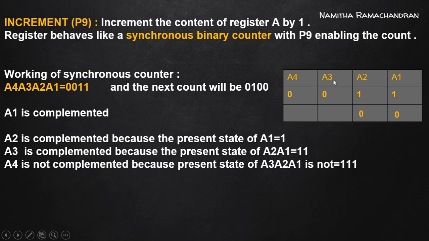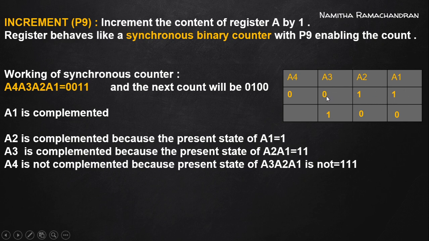And for A3, in order to generate the next value for A3, we need to consider the present state of the A2 A1 combination. Here both A2 and A1 are 1. So we need to complement A3. Okay, and in the next state we need to generate a value for the A4th position. For that we need to check whether the A3 A2 A1 value in the present state is all 1.